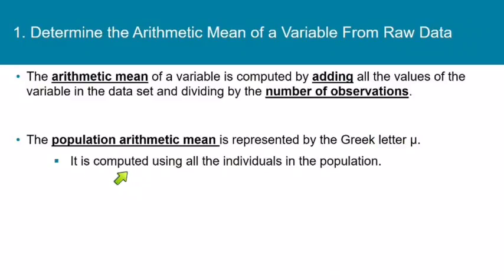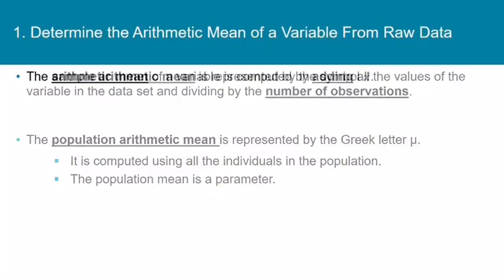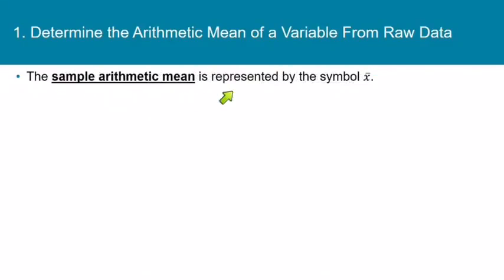Population mean is computed using all the individuals in the population, and population mean is a parameter. Remember, we talked about in chapter 1 how when a number represents a whole population, it's a parameter. So the Greek letter mu stands for population mean, and it is a parameter. Now, sample mean is represented by the symbol X bar. It's just a letter X with a bar over the top of it, but when we read it, we say X bar.